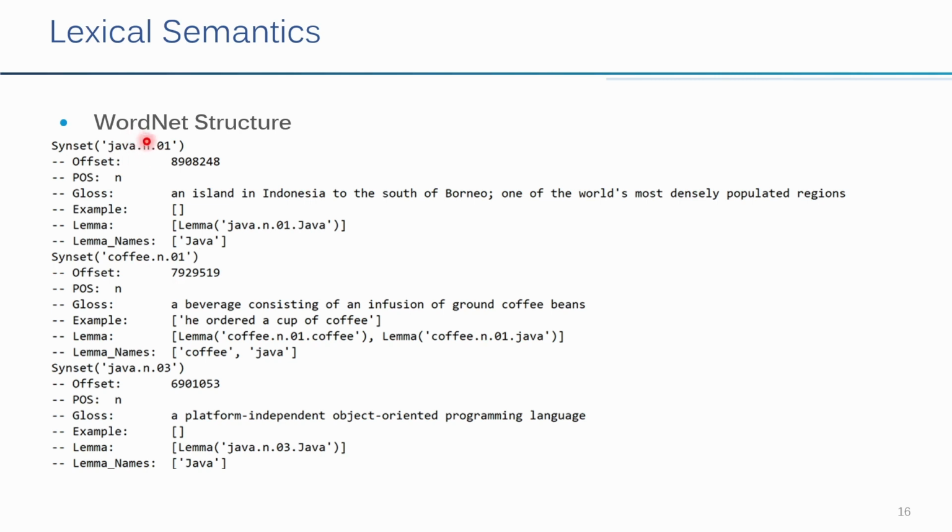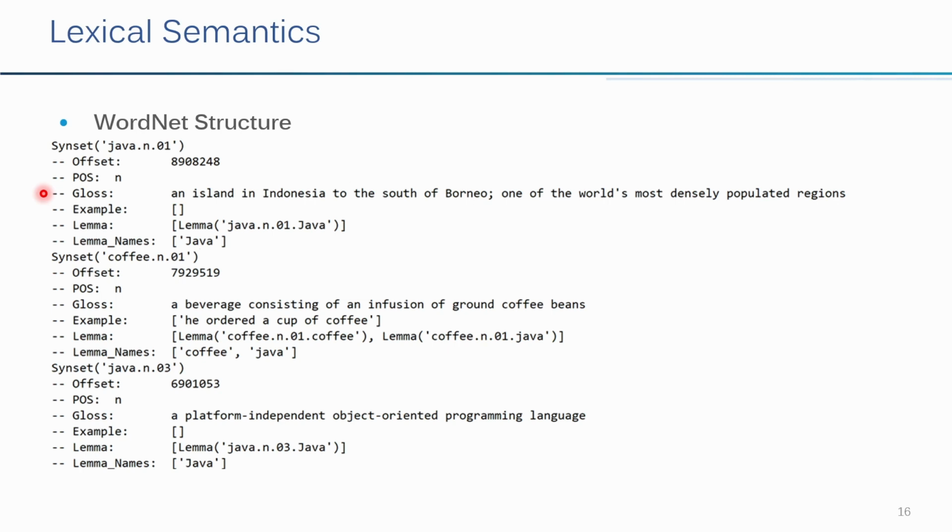Then the part of speech it has, and then the meaning that you have for that specific lemma. Then you have offset, part of speech, and gloss. This gloss right here is an example sentence in which this would be used. So in this case, an island in Indonesia to the south of Borneo, one of the world's most densely populated regions. You already have a kind of definition for that.